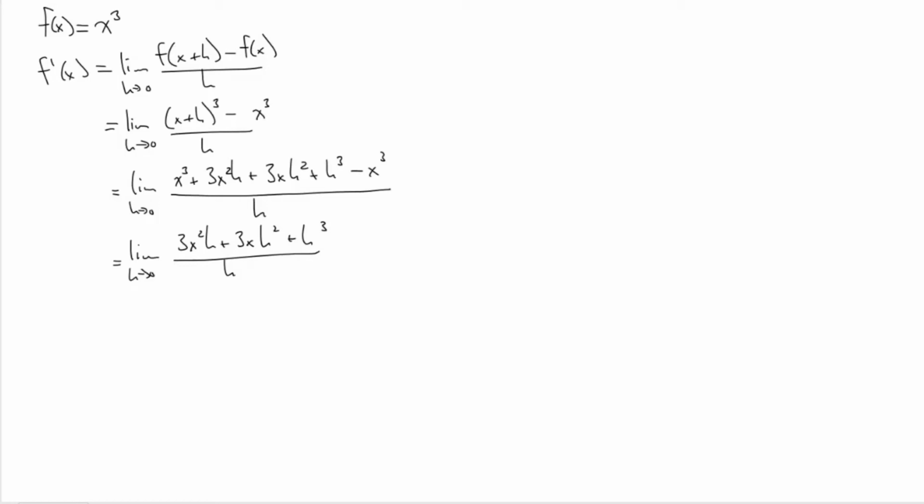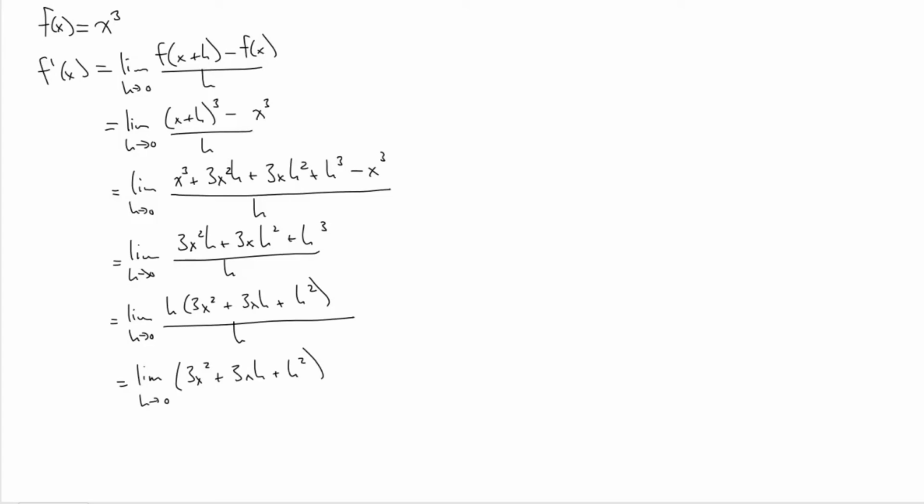And so we can factor that h out, cancel it with the h in the denominator, to get the limit as h approaches 0 of 3x squared plus 3xh plus h squared. To compute that limit, all you have to do is plug in h equals 0, and when you do, you get the answer 3x squared. So if f of x is x cubed, then f prime of x is 3x squared.